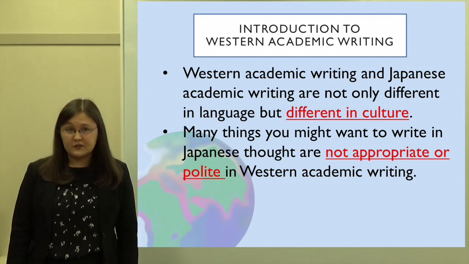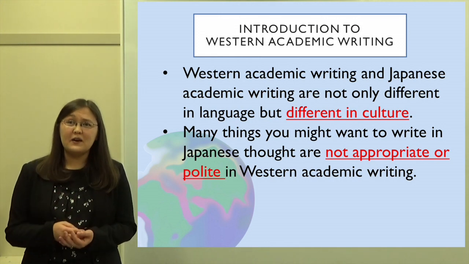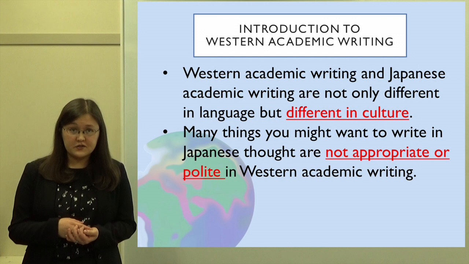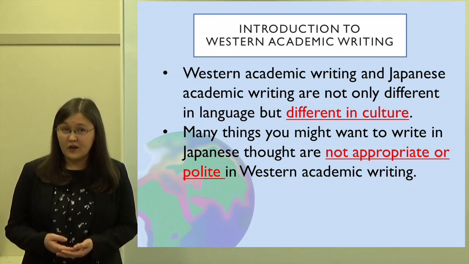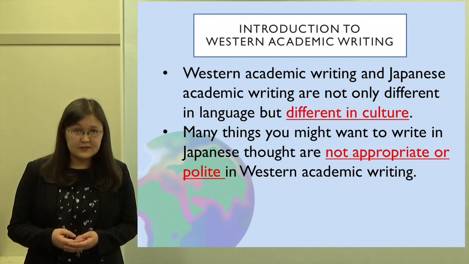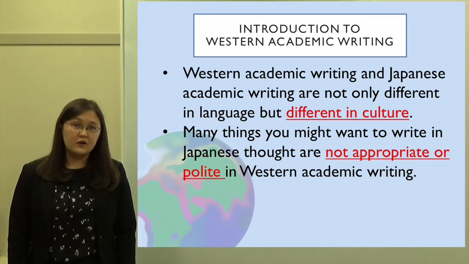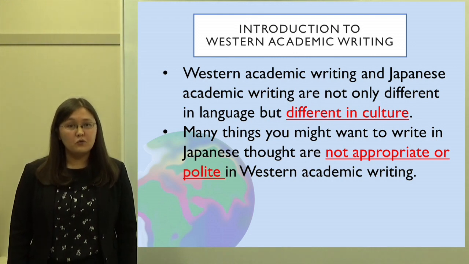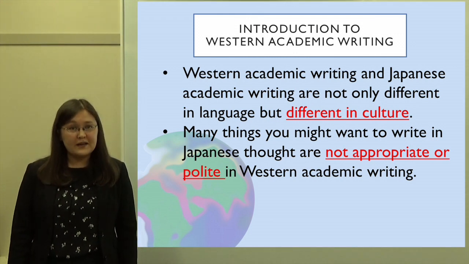So please be careful to remember it's not just about using a different language, using different words to express the same thought. Actually, there are cultural differences in how we do our style of Western academic writing compared to what you may be used to from your past experience.